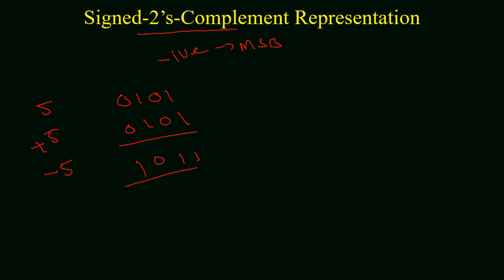Now if we calculate the weight, it will be 2 power 0, 2 power 1, 2 power 2 and minus 2 power 3, and this will be minus 8 plus 2 plus 1, which will be minus 5. And this is the easiest way to represent a number using the signed 2's complement method.